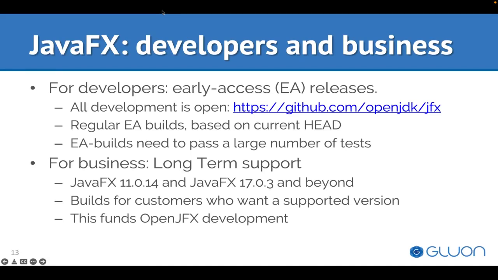And at least equally important, this is the way that OpenJFX is currently mainly funded at Gluon. So the revenues that we get from the long-term support are used to improve JavaFX in general. So this is an example of how the ecosystem can give and take.